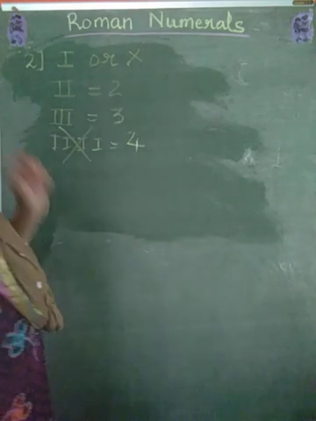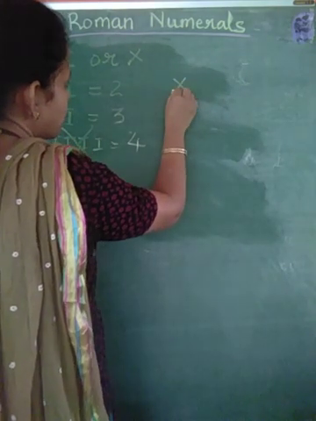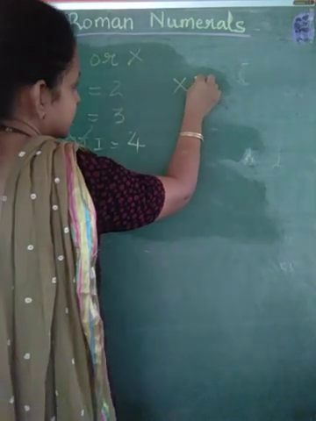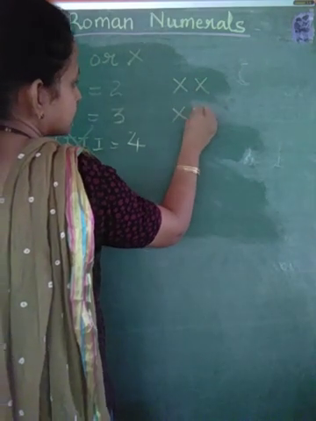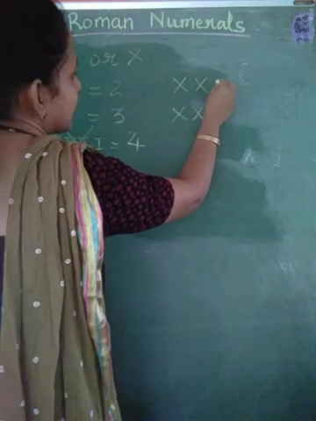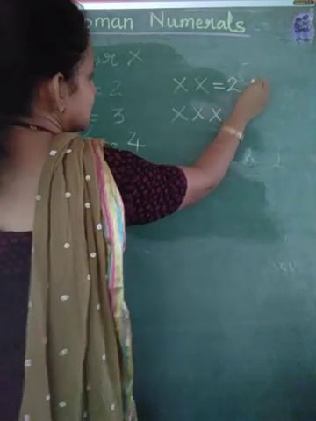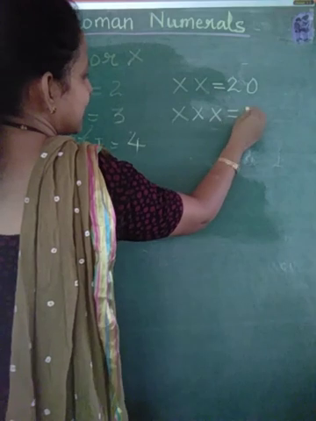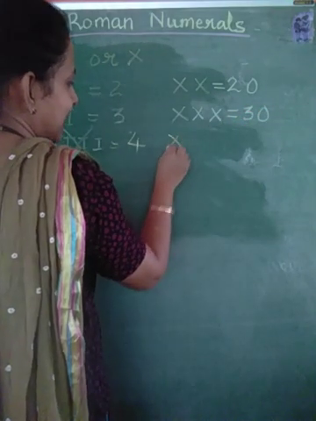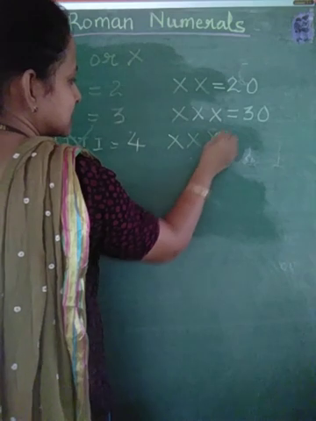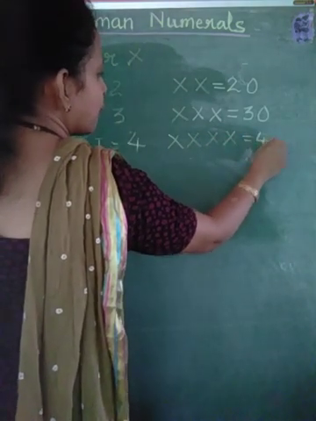Let us see for X now. We have just now learned in rule number 1 that X can be written like this. So by now you know the value of double X is 20 and that of triple X is 30. We cannot write X 4 times equal to 40.